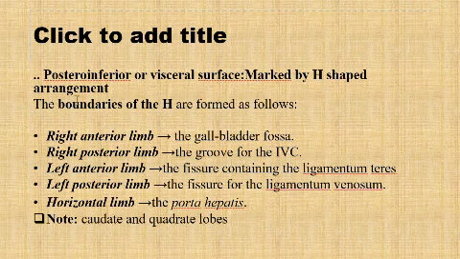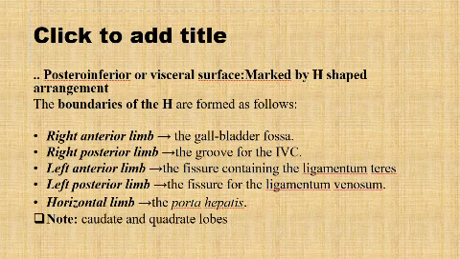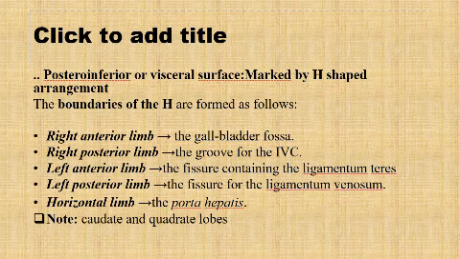marked by the H arrangement. We are going to see about this H-shaped arrangement. The boundaries of this H-shaped arrangement are the right limb and left limb, with the subdivisions of right anterior and right posterior limb, and left anterior and left posterior limb, but also the horizontal limb.